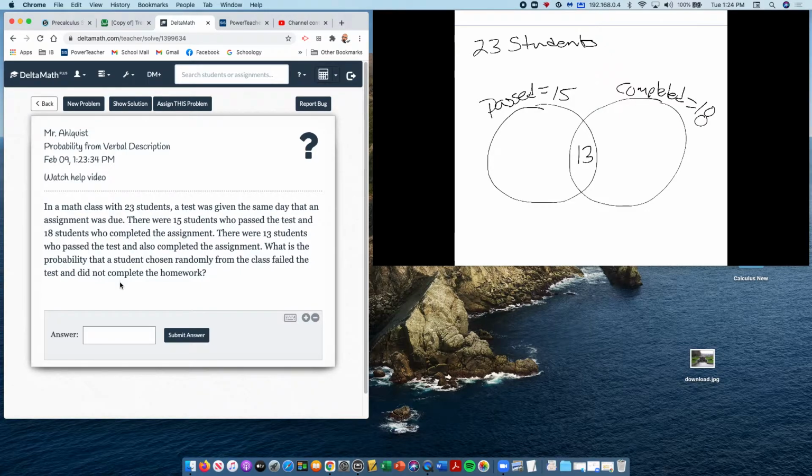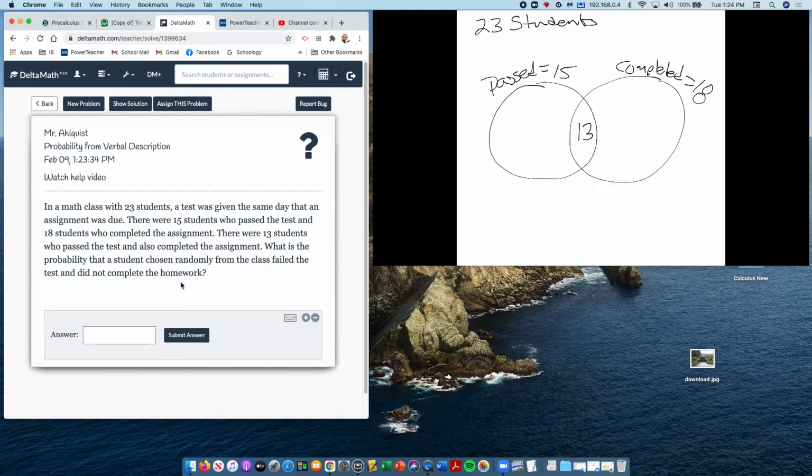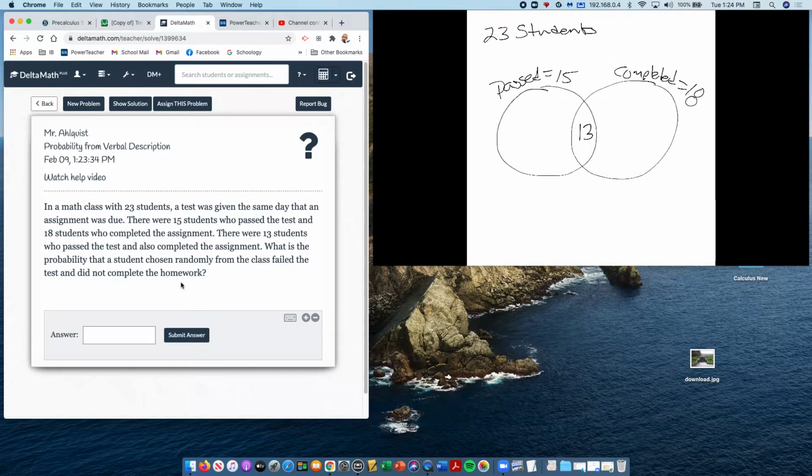So what's the probability that a student chosen at random from the class failed the test and did not complete the homework? If we think about this grouping, we know that there are 2 students that passed but didn't complete the assignment.